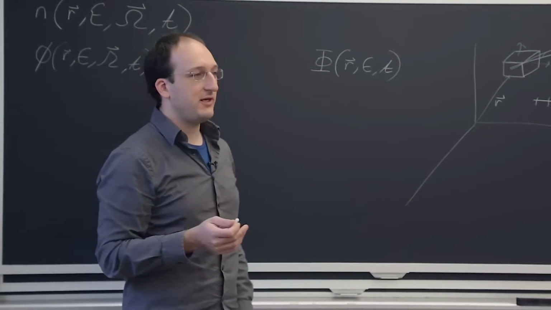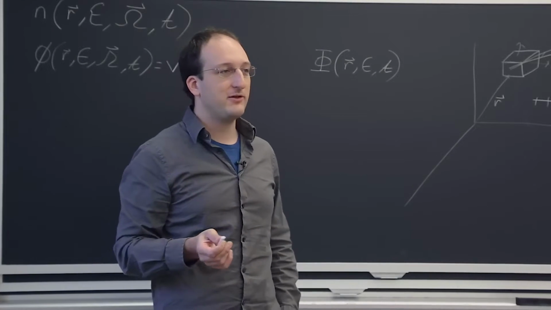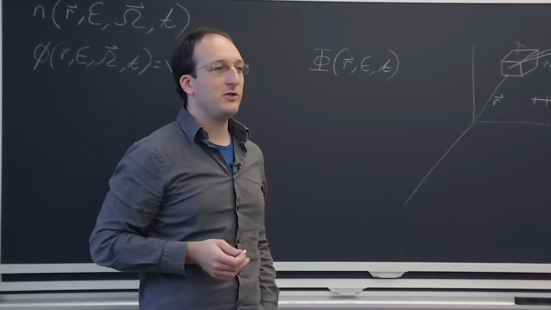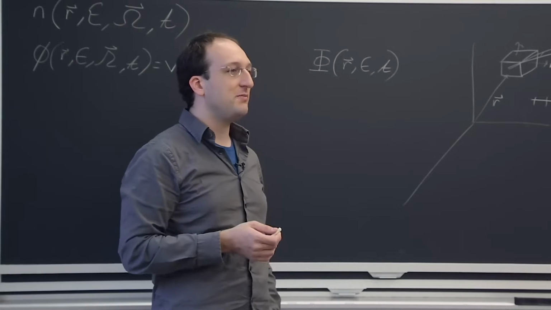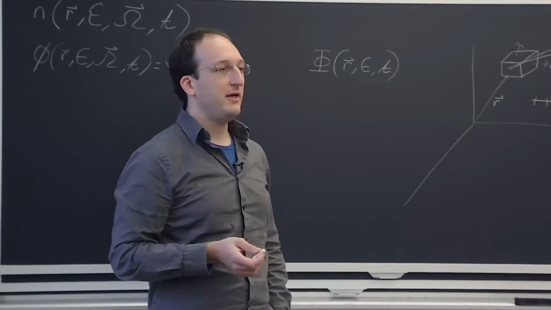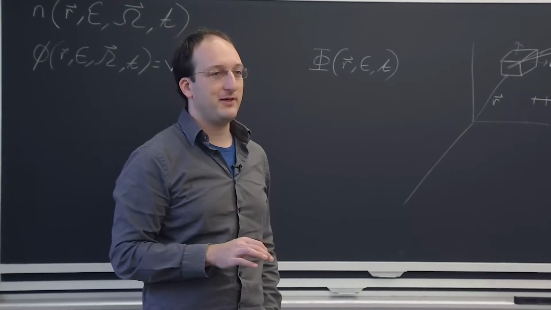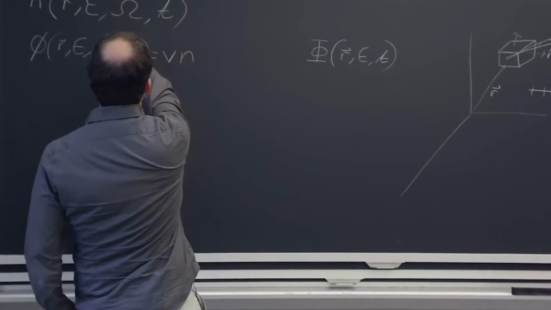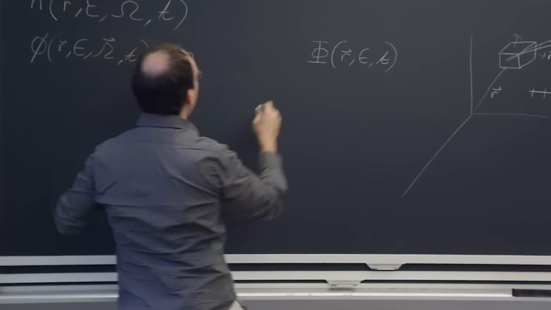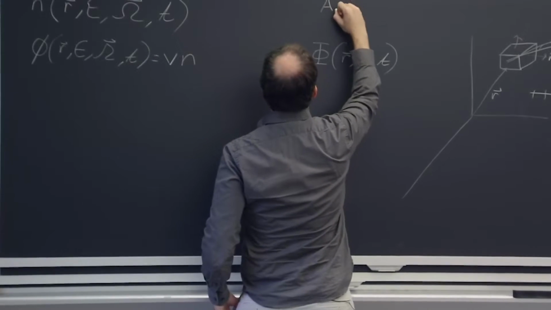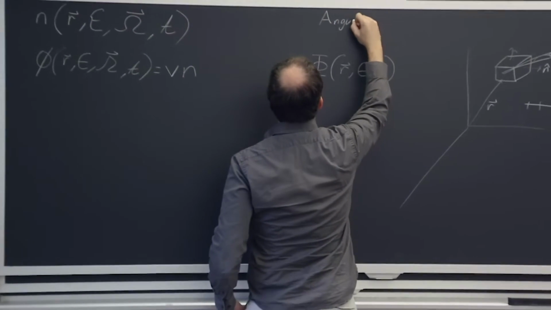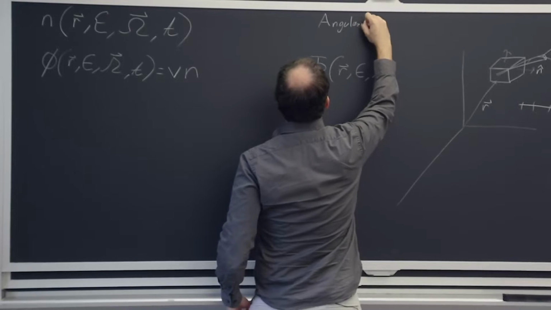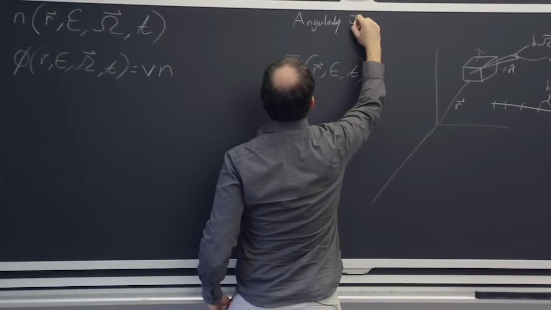But as we're interested in how many neutrons there are in the reactor, we usually don't care in which direction they're traveling. So the first simplification that we will do is get rid of any sort of angular dependence, getting rid of 2 of the 7 variables that we're dealing with here. All these variables right here will be dependent on angle, and all these variables right here will be angularly independent.